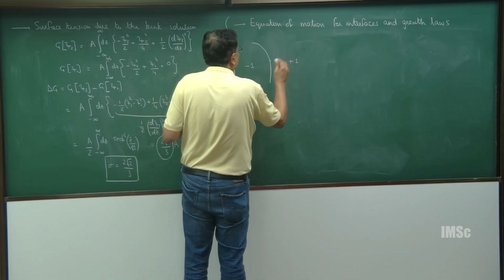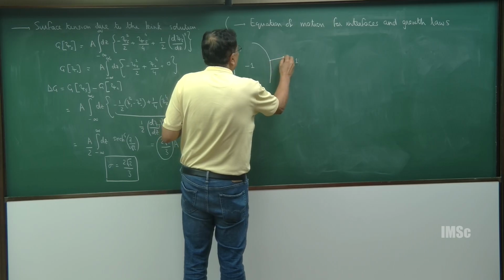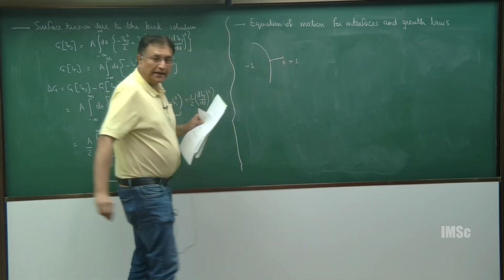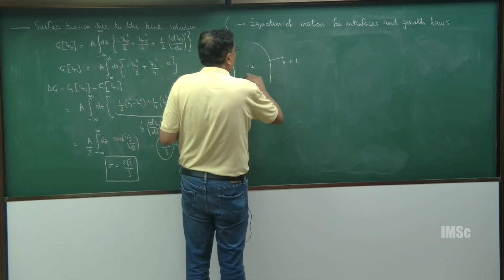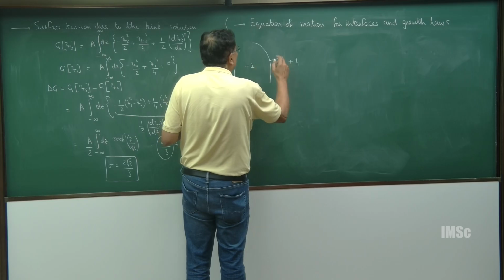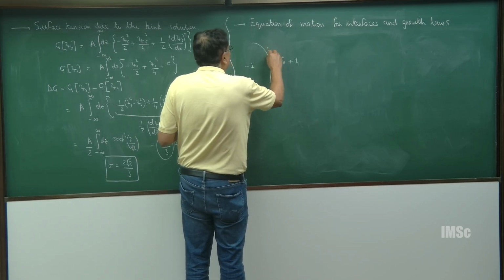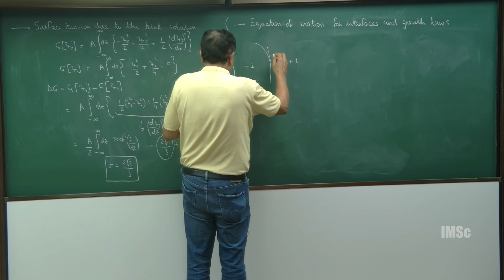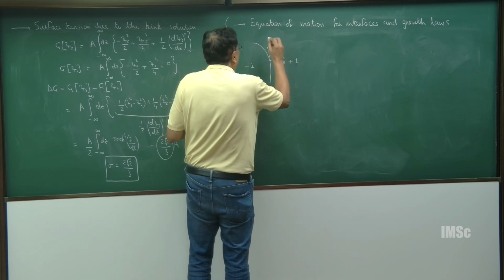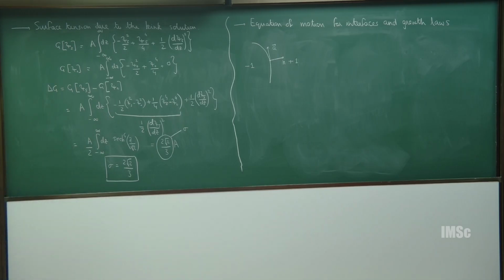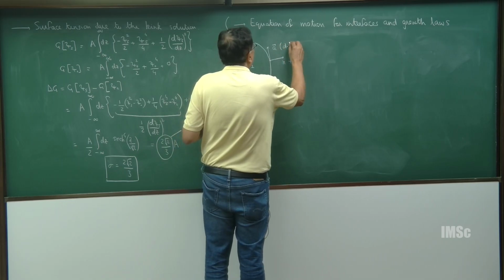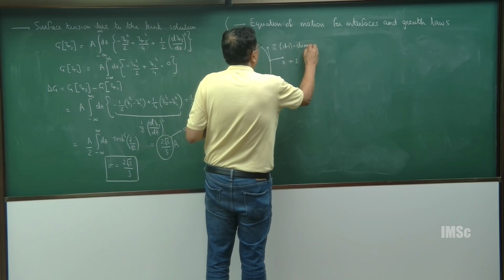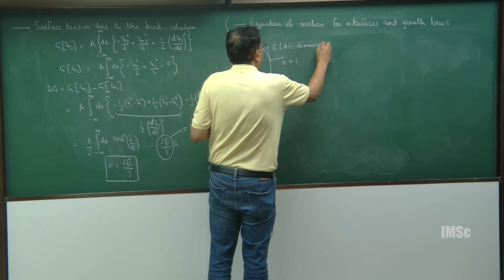And I take the normal coordinate as n. That is the direction along which the order parameter changes from -1 to +1, and I take the tangential coordinate as a vector t. So, this is the area and it is d minus 1 dimensional, where d is the dimensionality.